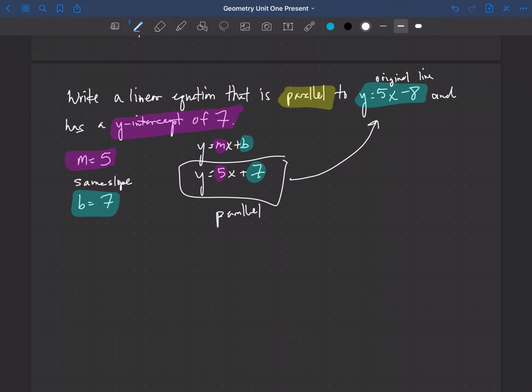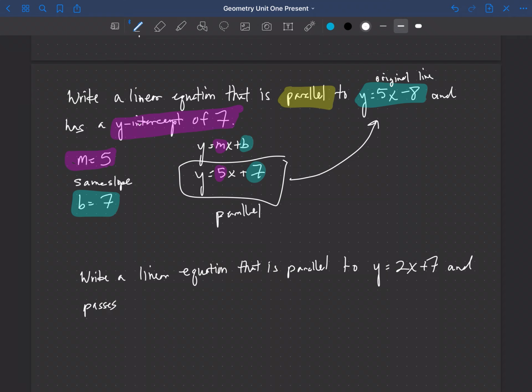Okay. Second example, write a linear equation that is parallel to an original line again, y equals 2x plus 7, and instead of giving us a y-intercept, it's just telling us that it passes through the point (3, 2).